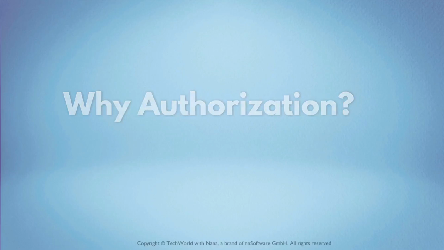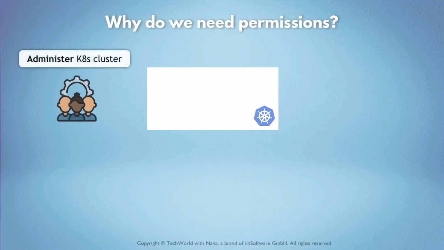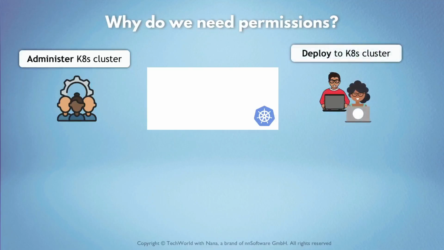the first place. You have a Kubernetes cluster that Kubernetes admins are administering and developer teams are deploying resources into. Now, how do you manage permissions for the cluster? Because administrators need different access than developers, right?